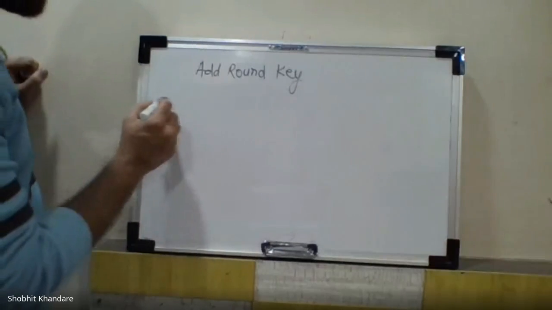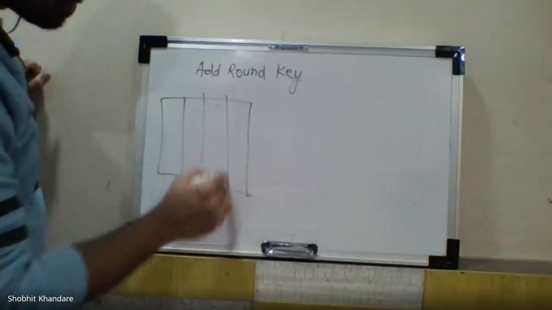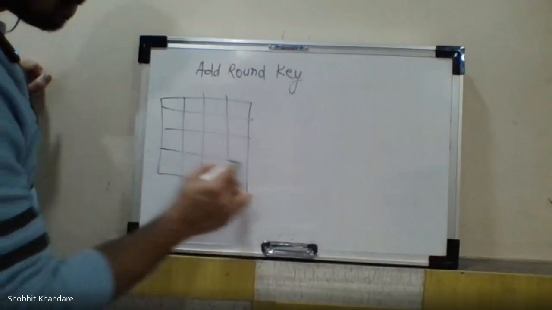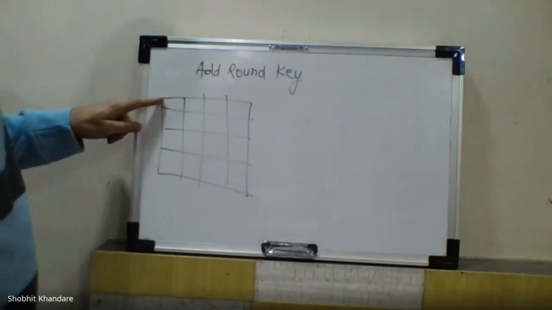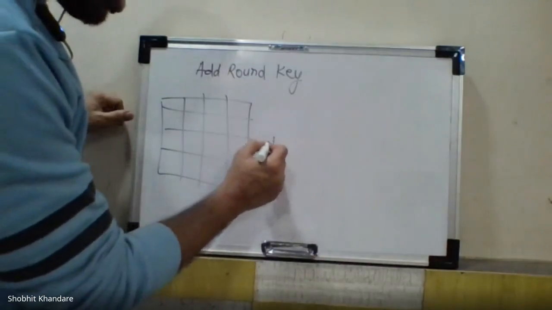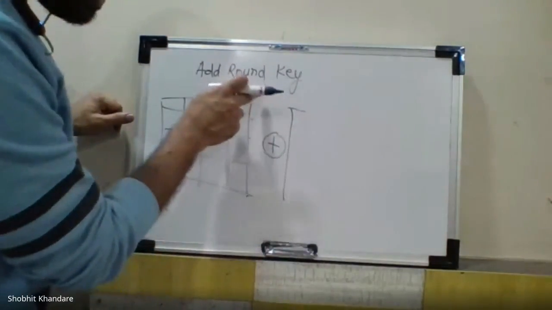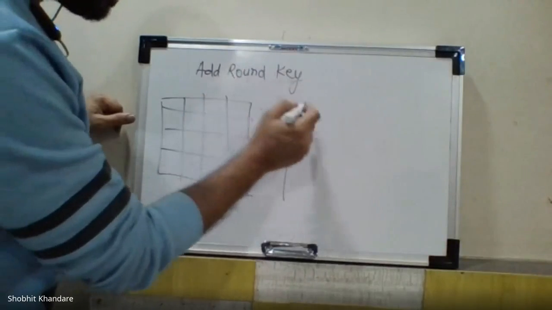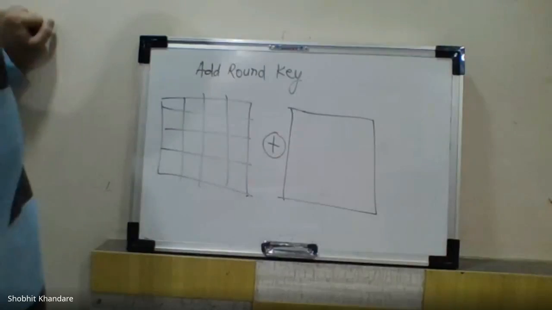So can I say this is the output of the mixed column? This is getting XORed with the key. And tell me the size of the key.